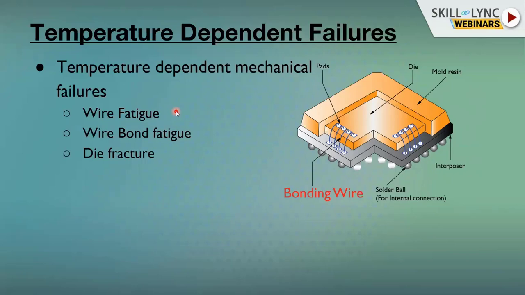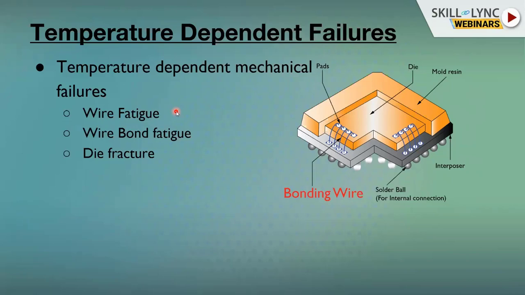As the term says, wire fatigue indicates a repetitive thermal load. In wire fatigue, the load is not enough to crack the wire, but it will affect the integrity of the joints when the temperature increases and decreases. One more point is that every material has its own expansion coefficient.